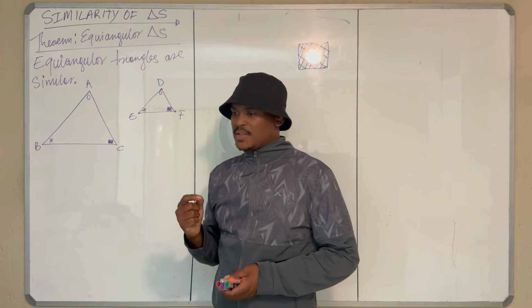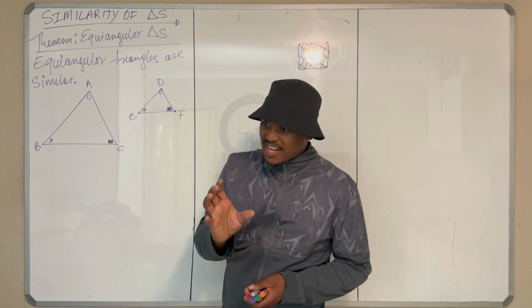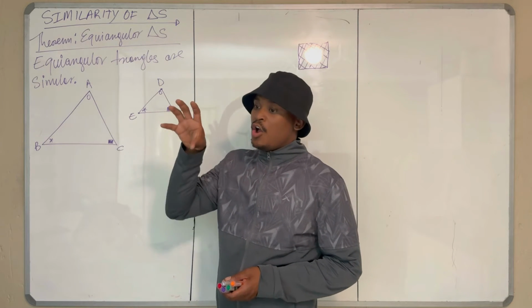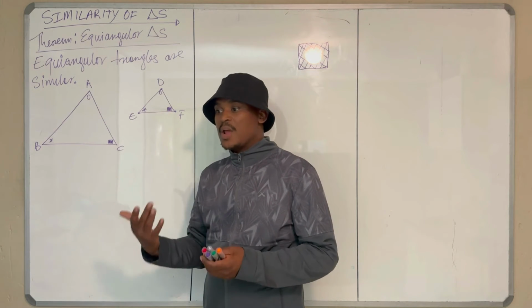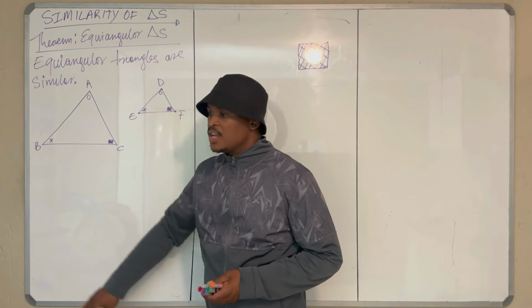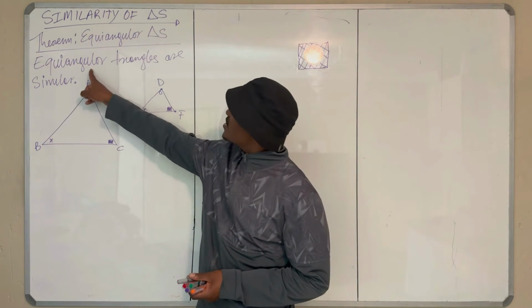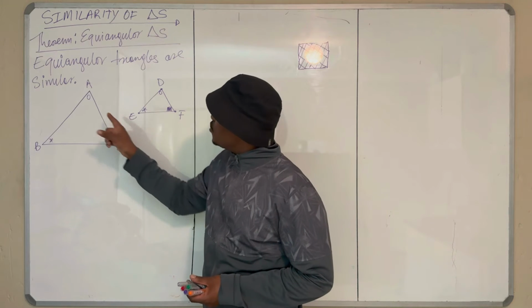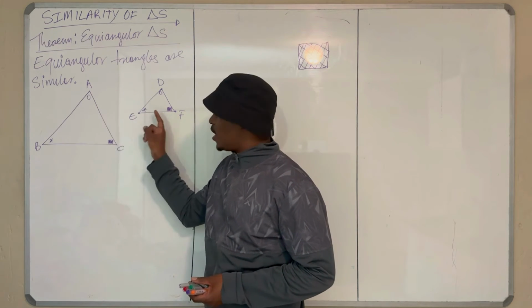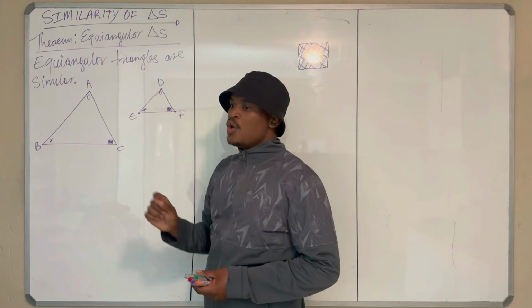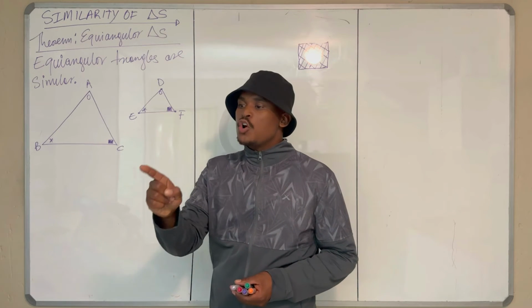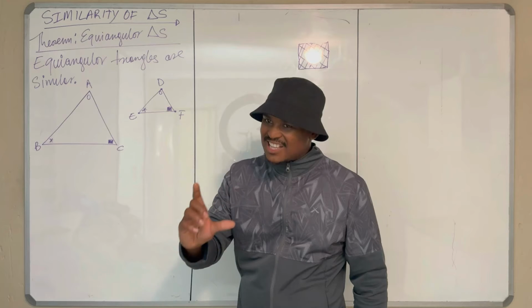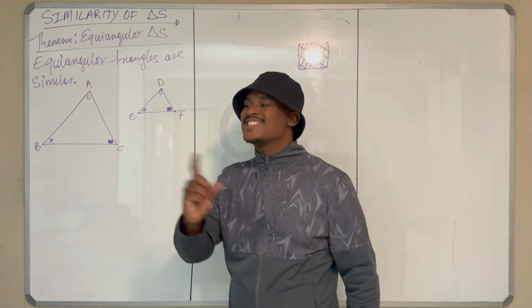What does it mean by similar? All corresponding angles are equal, and the ratio of the corresponding sides are also equal. That's what I mean by similar. It's that orange one. So if I'm saying to you now equiangular triangles are similar, I've given you that all the corresponding angles are equal. Can you see that? Which means now, to complete that definition, you must show that the corresponding sides are in proportion.